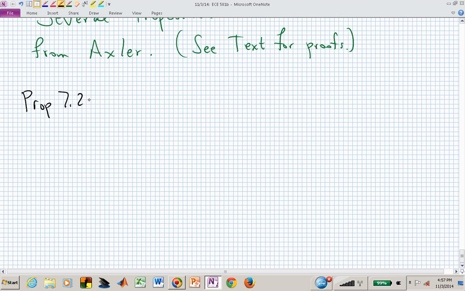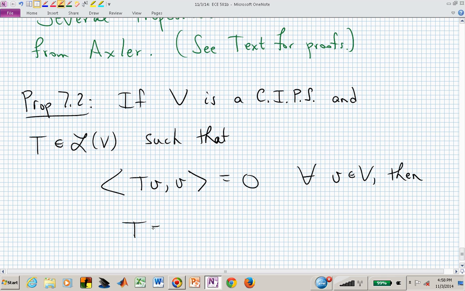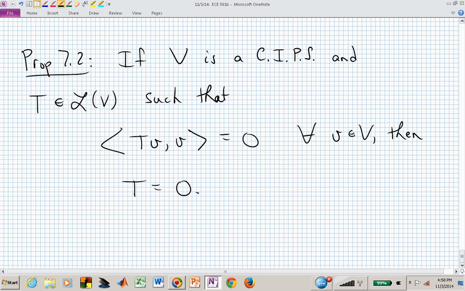Proposition 7.2: if V is a complex inner product space, that is, a complex vector space that possesses an inner product, and T is an operator on that space such that it has the following property: the inner product of Tv with v is equal to 0 for every vector v in the complex inner product space V, then we can conclude that that linear map is the zero map.